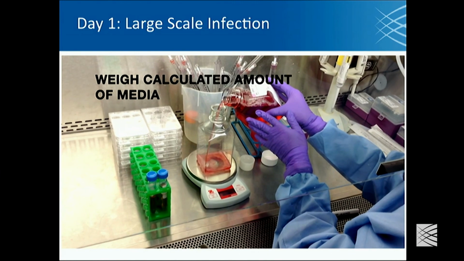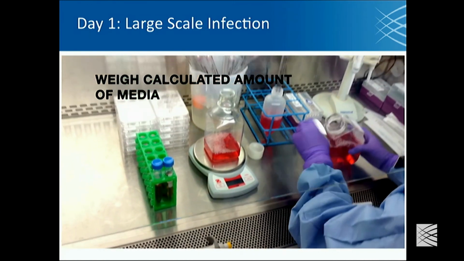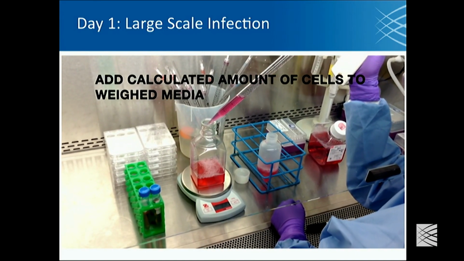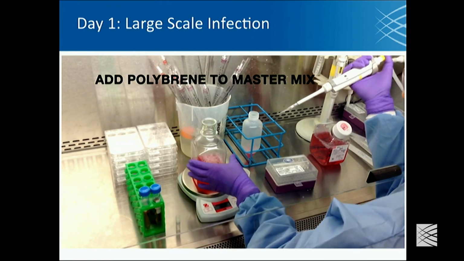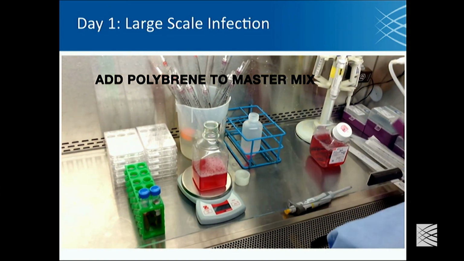Make a master mix by weighing out media and pipetting your cell suspension. Make sure to resuspend your cells thoroughly. Add polybrene to your master mix and gently swirl the bottle to ensure that everything is thoroughly mixed.